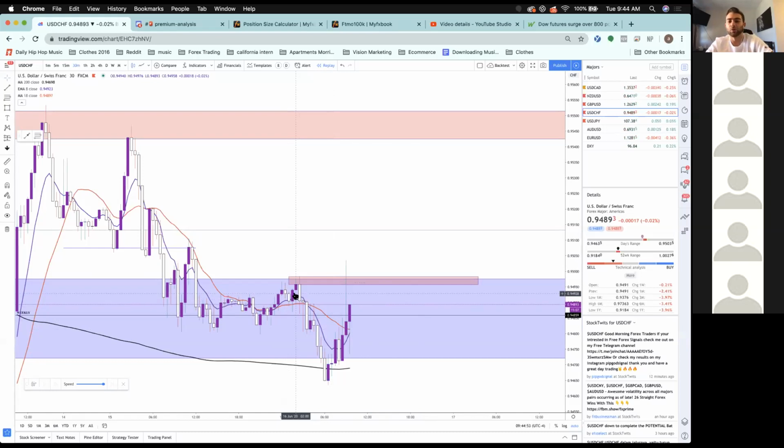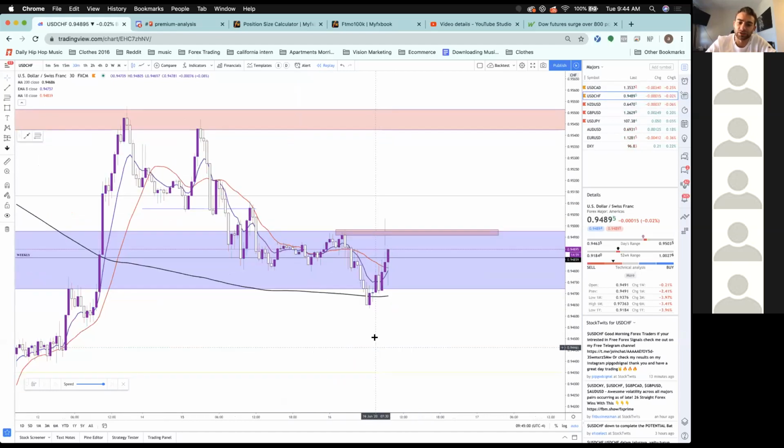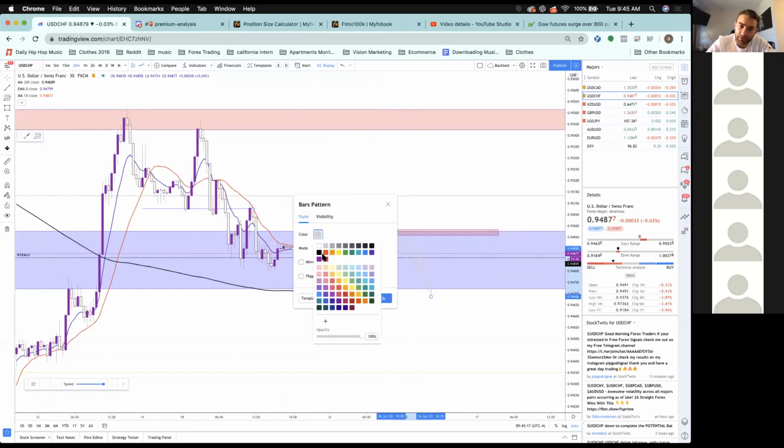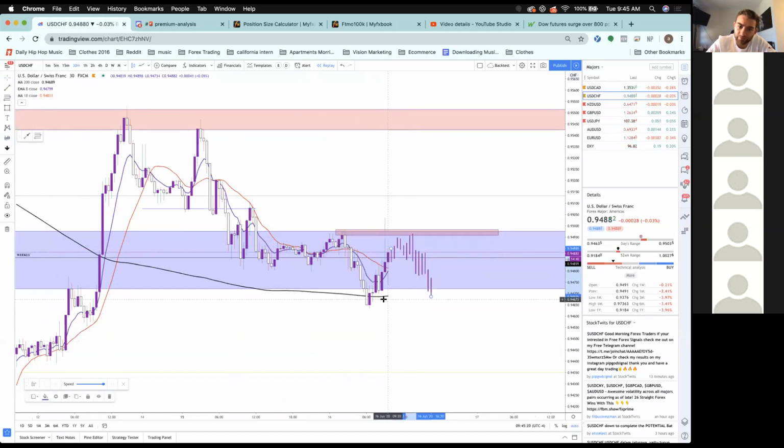That being said, I will wait to potentially enter on this. I'll move this up, very similar to UCAD, looking for shorts. If we get something similar to this right here, so bars pattern, if we continue to come up and then we get that cross of the moving averages, we continue to come up, we get this cross of the moving averages, and then we start to fall off, that's where my entry will be.